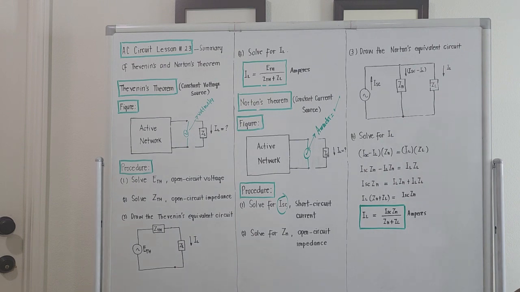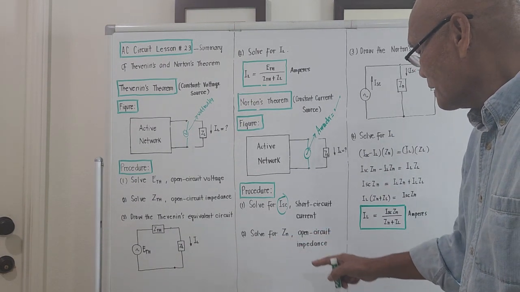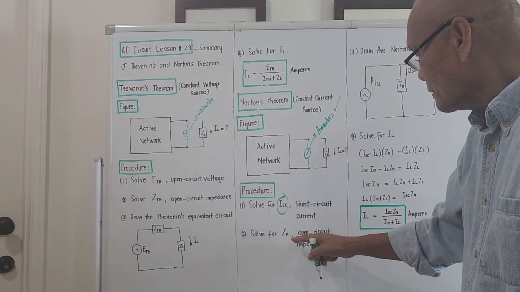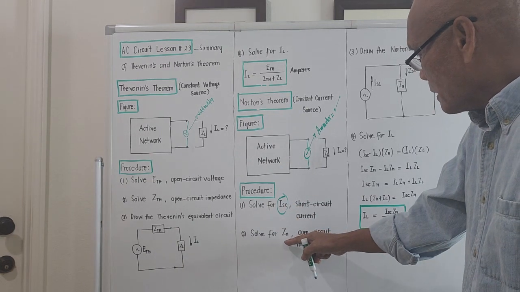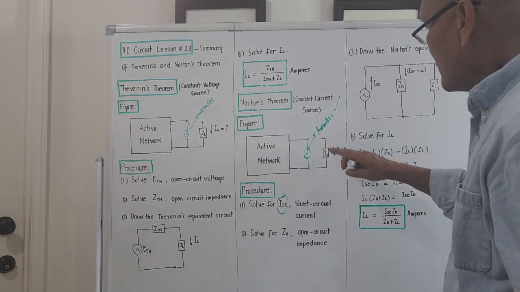Okay? Number 2, solve for Z sub n. Z sub n is a capital letter Z with the subscript n refers to Norton's, and capital letter Z is impedance. How do we get Z_n? It's the same as in the Thevenin's, okay?